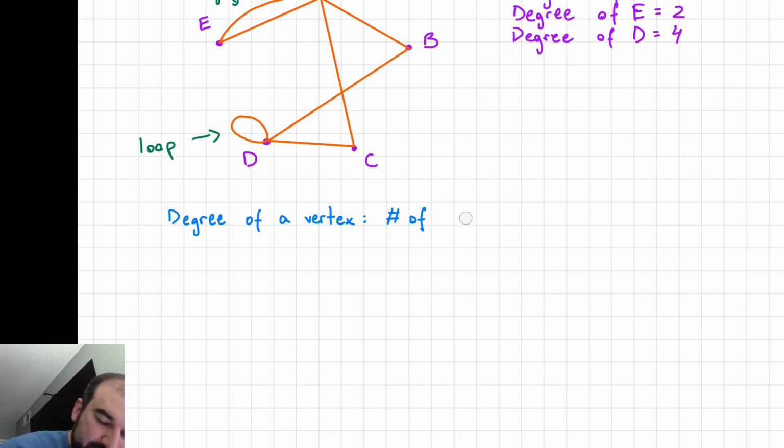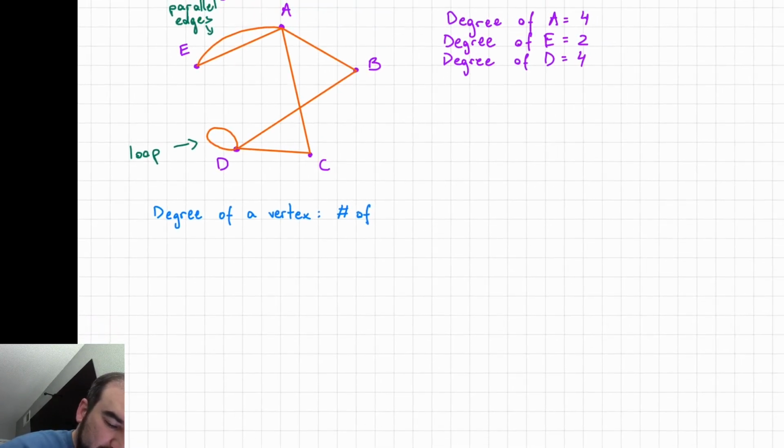I don't want to say edges because that gets confusing. We can define it as the number of paths in/out of a vertex.